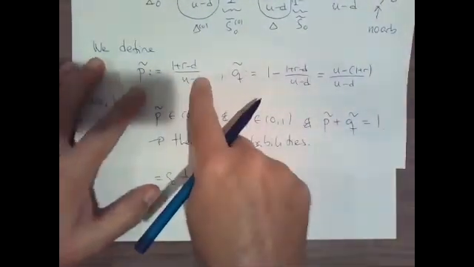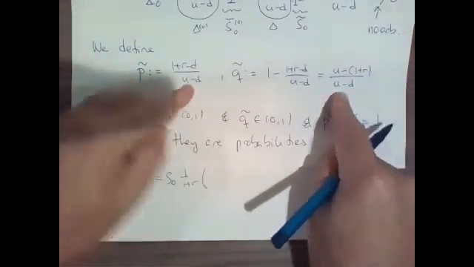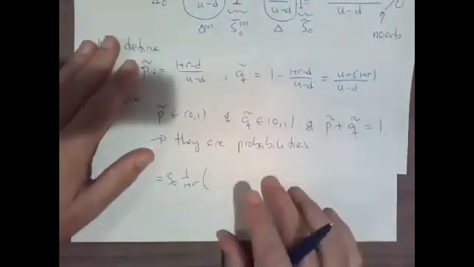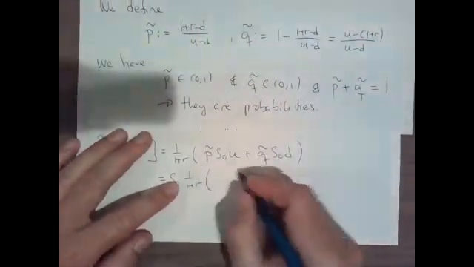So P tilde sits here and Q tilde sits over here. I'm going to plug these things in, and you can see U minus D is common in both of them. Okay, so what will we get? We had U sitting over there, and so we need P tilde.